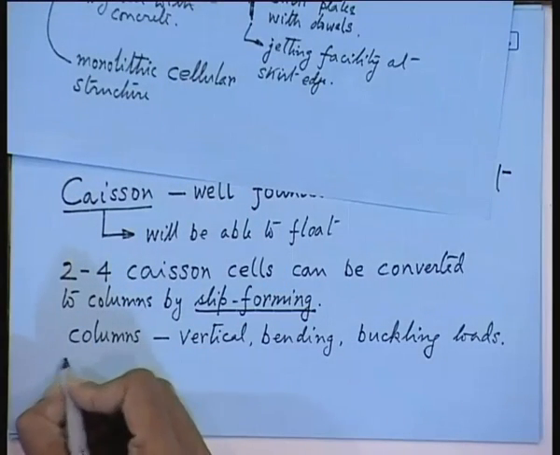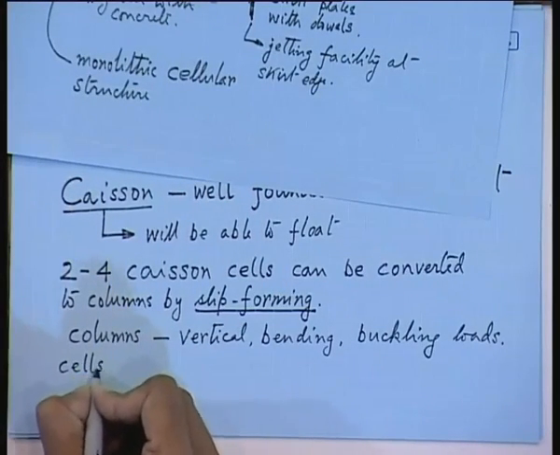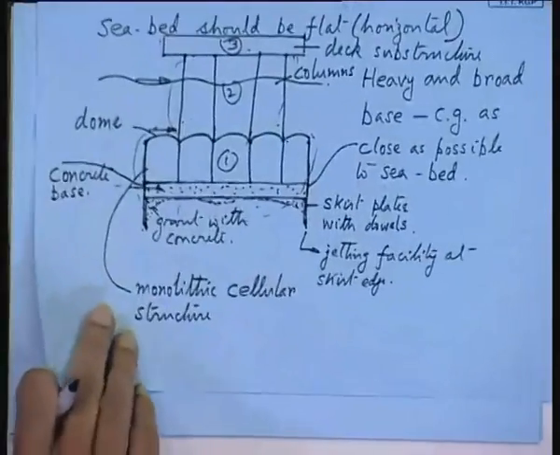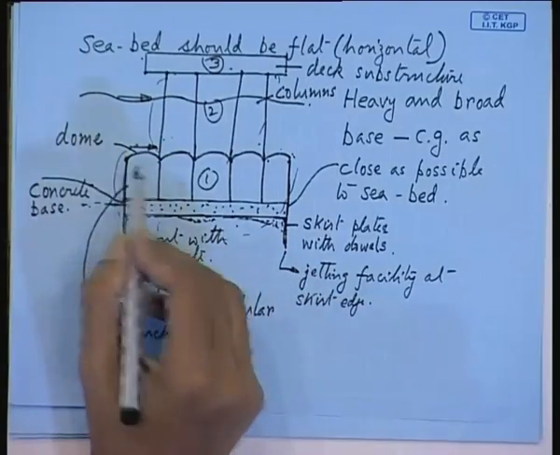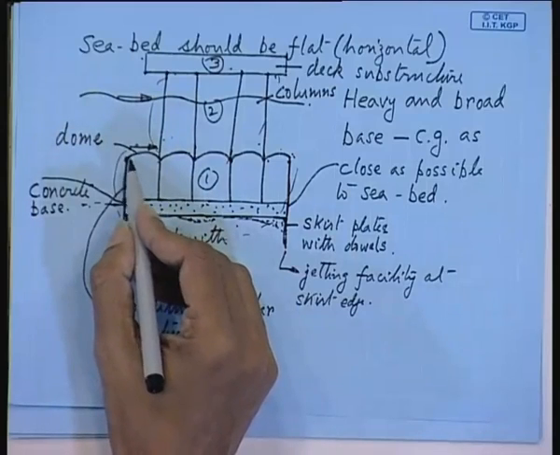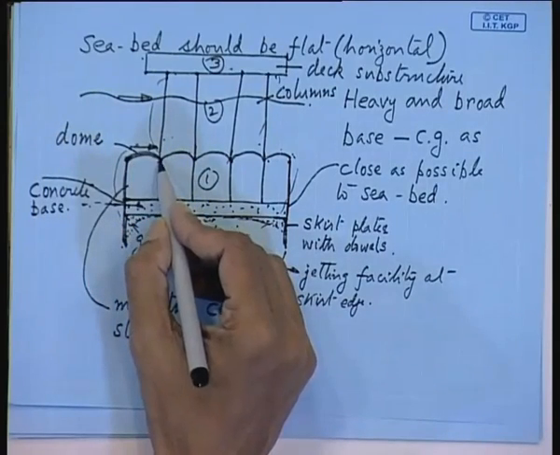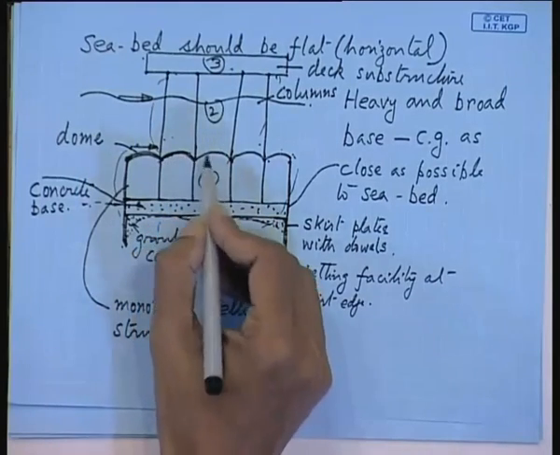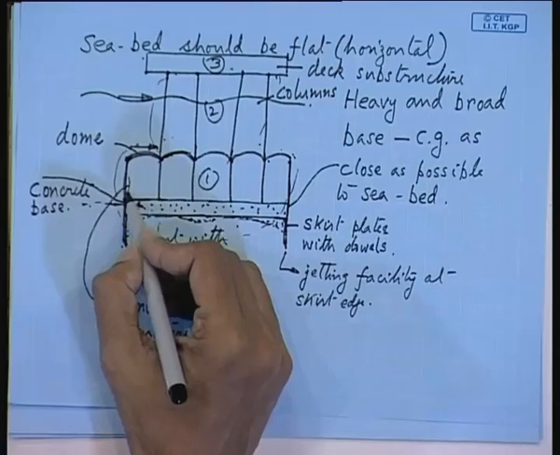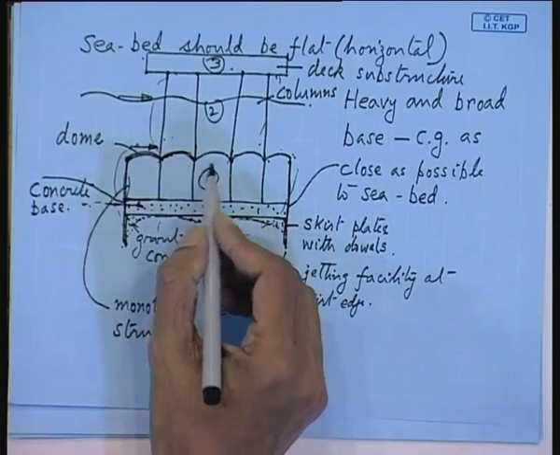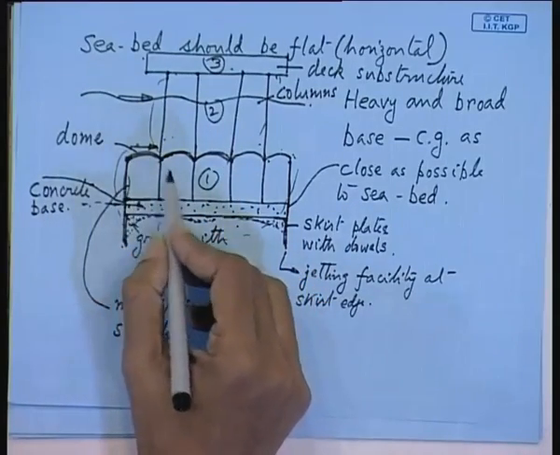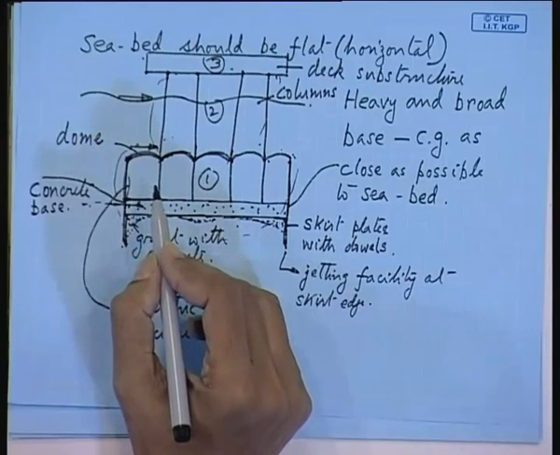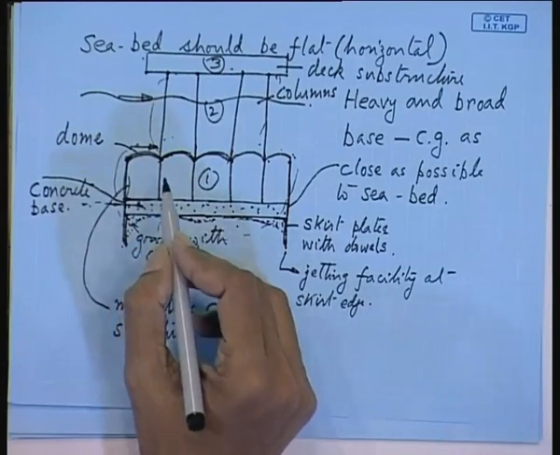Now here actually in the cells you can store oil. Cells are normally used for that. Now what you have to do is, at the outside, down below at the seabed level, you have a large amount of hydrostatic pressure coming onto the walls of the caisson. Unless you balance the hydrostatic pressure, the sides of the column are going to cave in. So you have to do a lot of pressure balancing. For pressure balancing, you can either fill this caisson with sand, or with mud, or with oil.